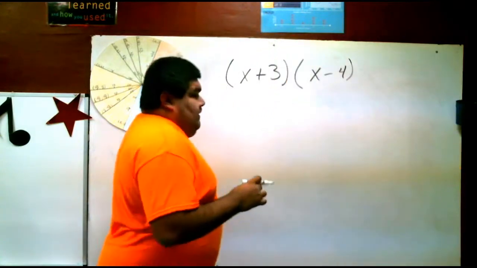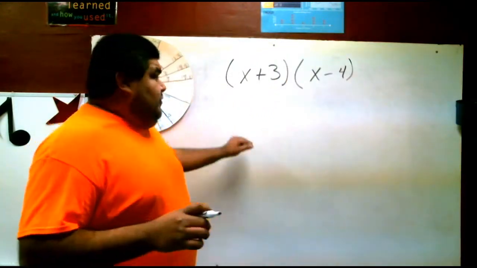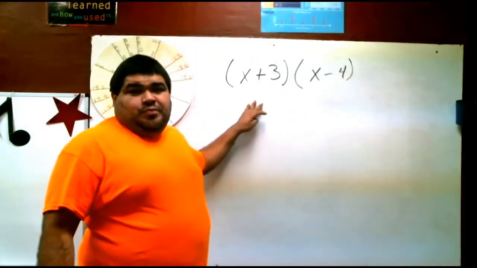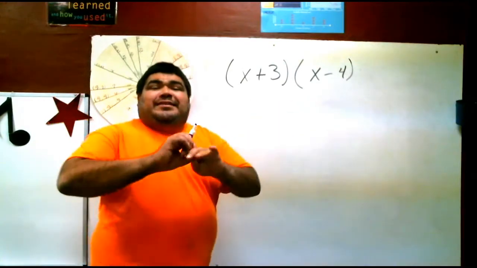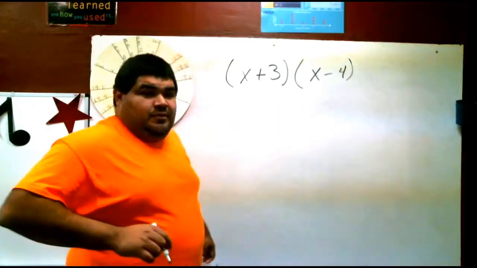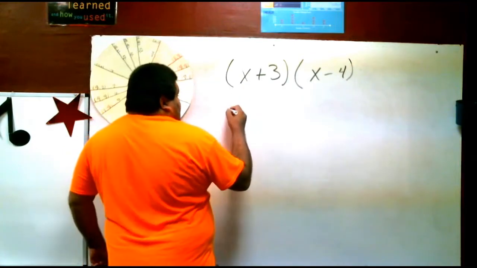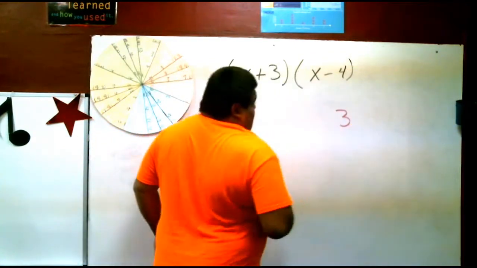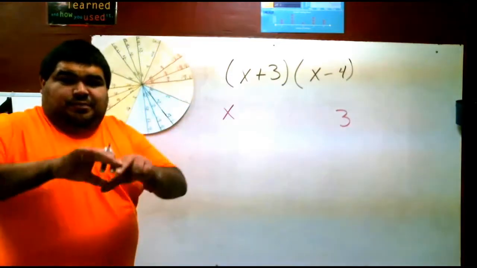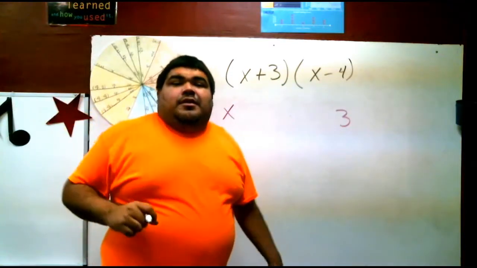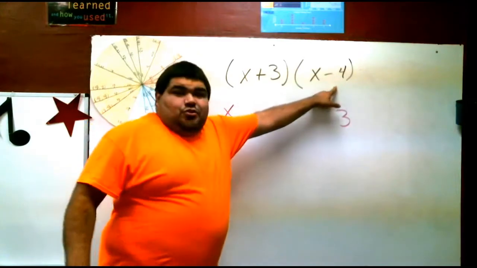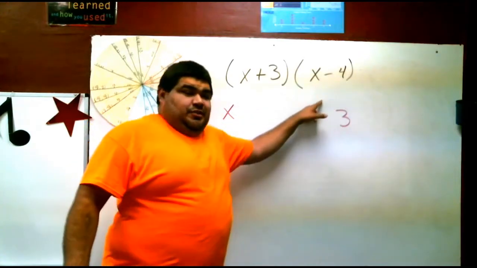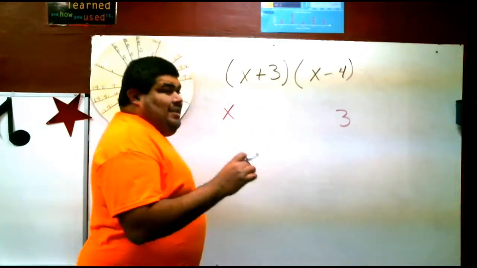The way we do it is on your first group, you're going to break it apart. We're going to have an x, and we're going to have a 3. So we push them apart. For your second group, you're going to leave it as it is.